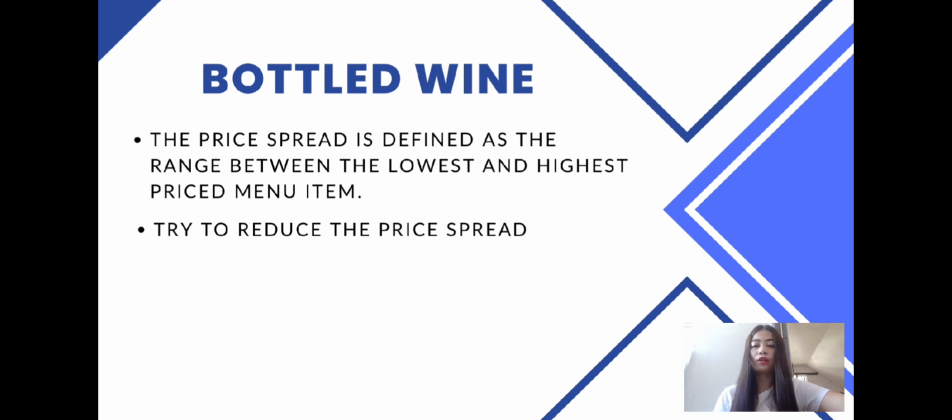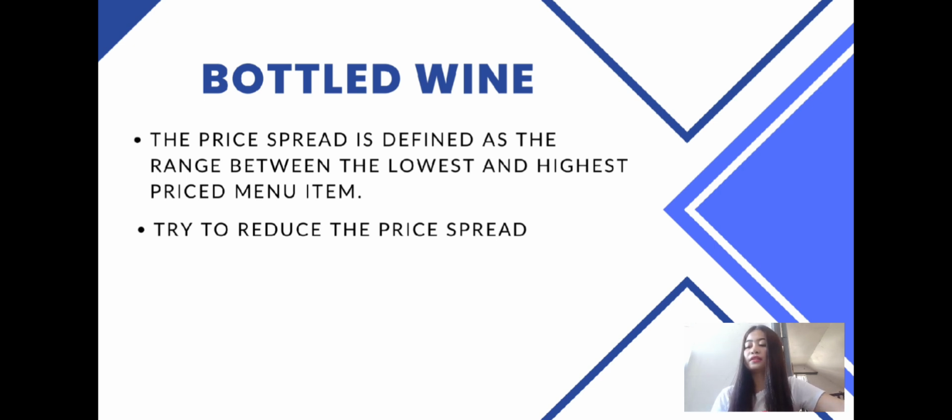For example, you may want to charge a higher price, but by doing so, you might be losing some of your core clients. Next, the price spread is defined as the range between the lowest and highest. It means that before you begin designing your menu, you've got to determine menu pricing for each item.